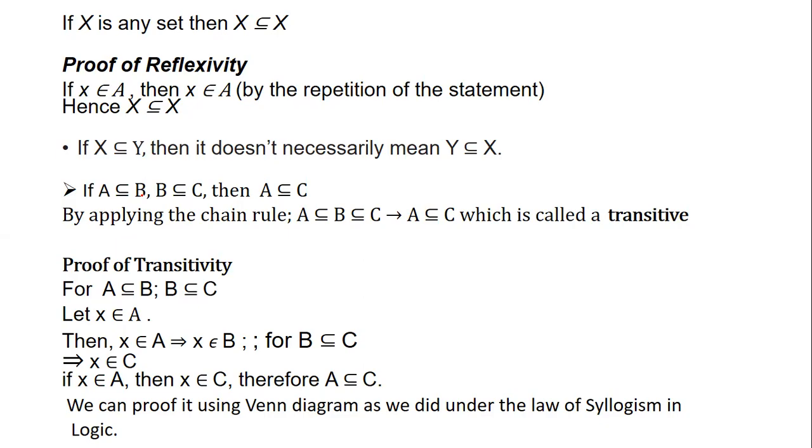Now, if you remember when we were doing logic, we made mention of a similar thing there. We call it the law of syllogism. If A implies B and B implies C, then A implies C. Is that okay?